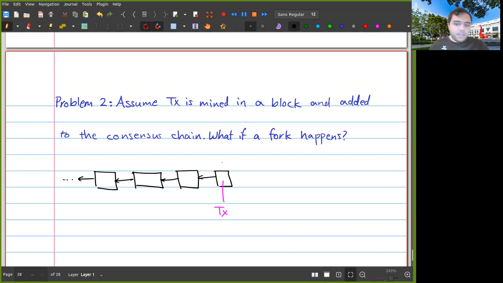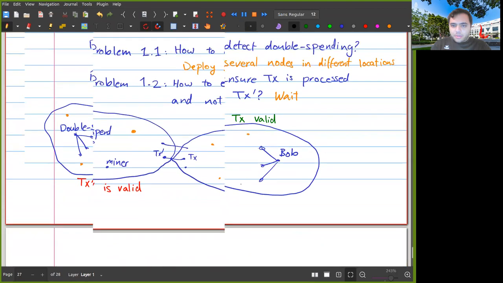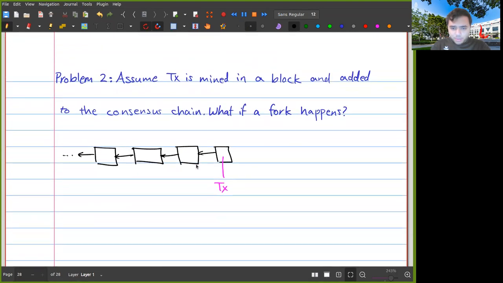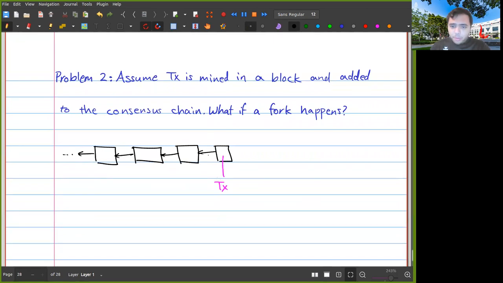A miner has mined it. They have solved the proof of work and everything. Or in other words, Bob has waited here until the right transaction is put into the blockchain. But of course, the problem is that it might be the case that at around the same time, another miner finds another block that doesn't have this transaction, or maybe even has the other transaction in it. Who knows? And now there's a fork in the chain.